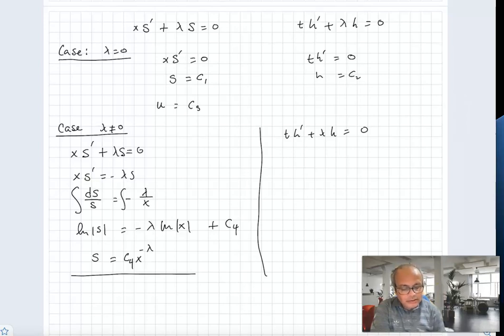So the solution will be h equals, maybe we use a different constant c5, t to the power minus lambda. If so, then u of x and t is s times h, which equals c4 times c5, another constant, say a, times x t to the power minus lambda.